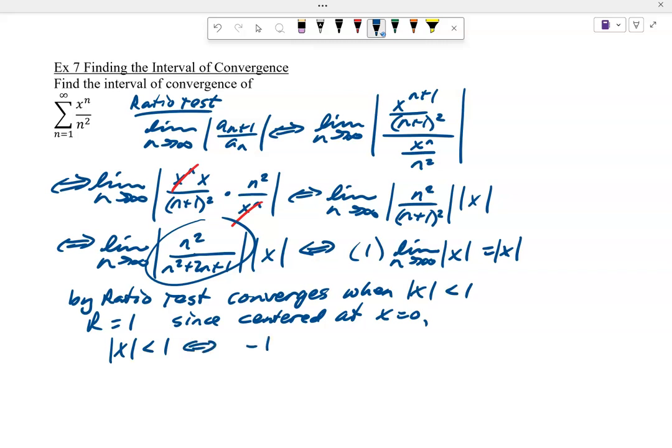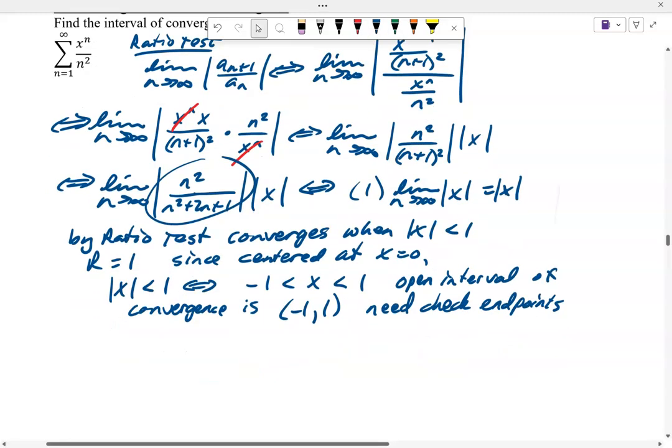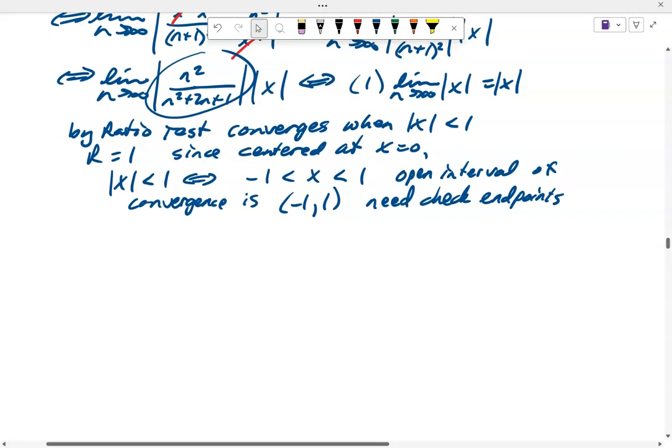So my open interval of convergence will be between -1 and 1. We need to check endpoints. So let's go ahead and check our endpoints.